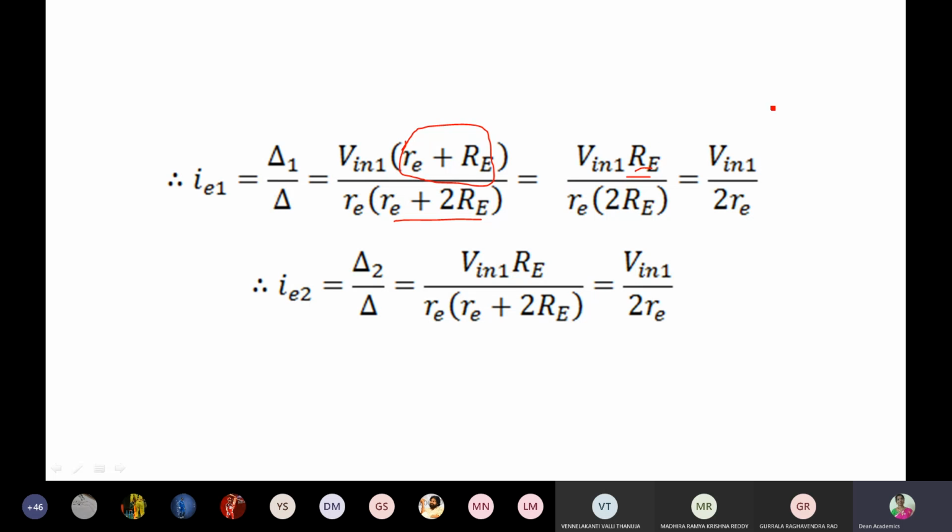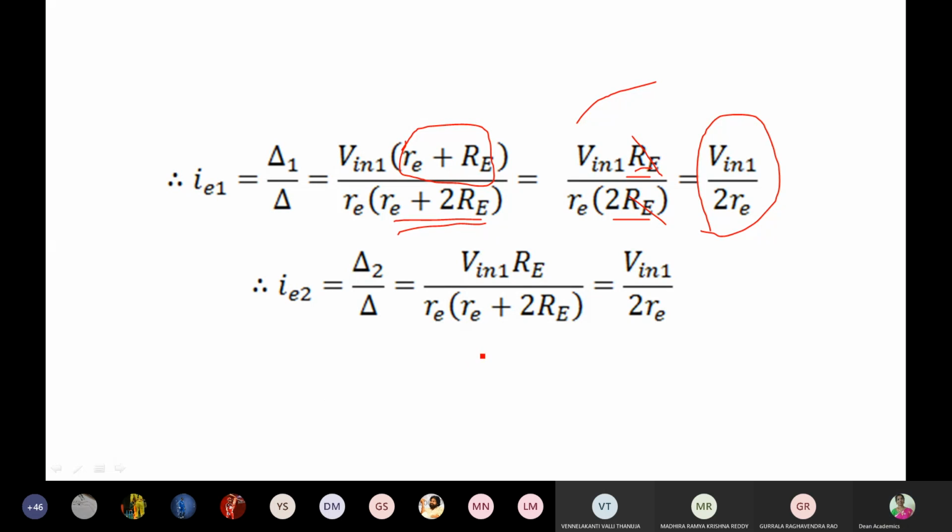So IE1 is equal to, here as usual our simplification: RE plus small re plus capital RE, where small re plus capital RE is equal to 2RE. With that simplification, you will get V in 1 by 2RE. IE1 is equal to V in 1 by 2RE.